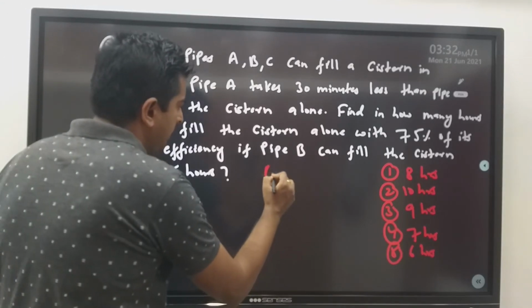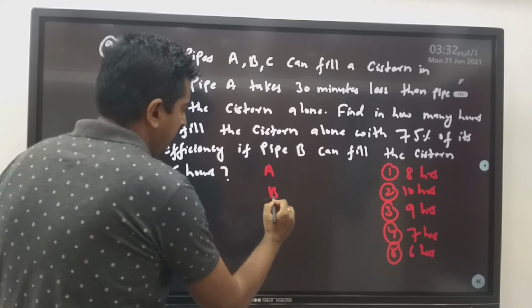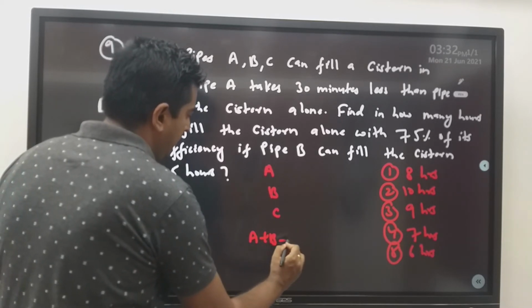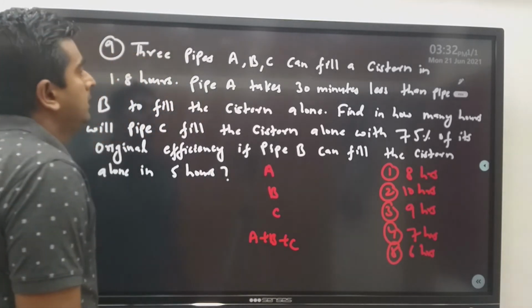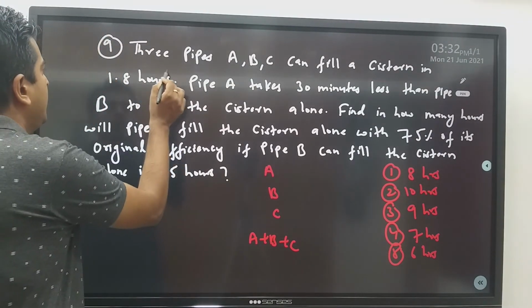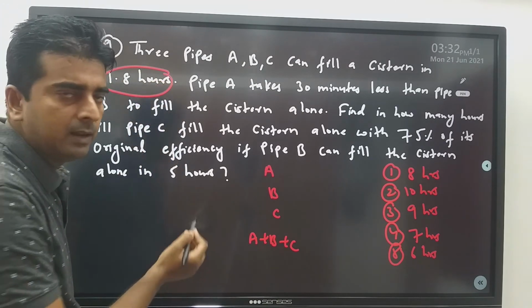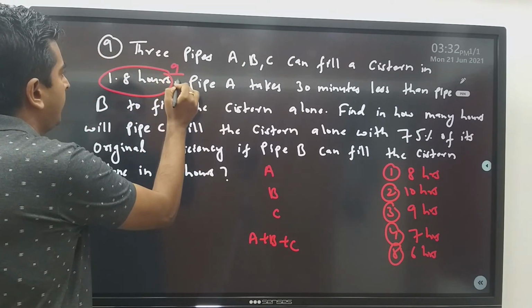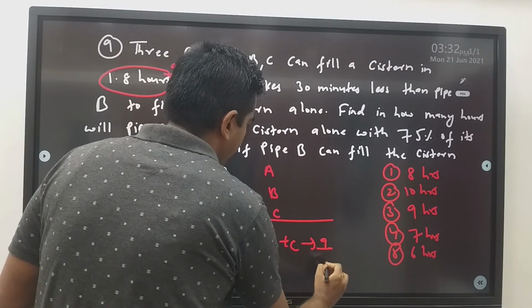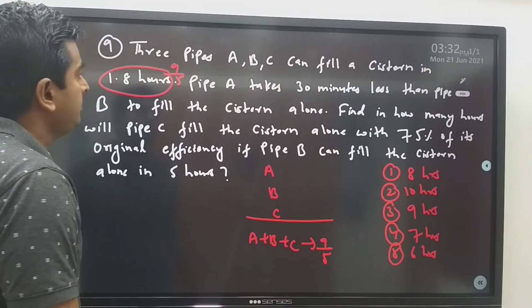You have 3 pipe A, B, C, and then I am writing here A plus B plus C. 3 pipes A, B, C can fill a cistern in 1.8 hours. Can I write 1.8 as 18 by 10, which is 9 by 5? Right? So this part is how much? 9 by 5.